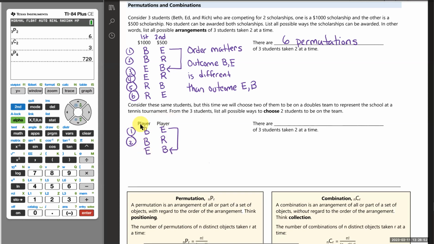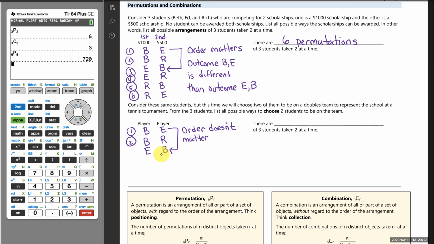So we're not saying this person is captain and this one's co-captain. There's no sort of first place, second place. There's no sort of ranking or positioning. It's just two people on a team. So in this case, we say order doesn't matter. So the way I wrote those, we weren't positioning them. We were just putting two people together. Sometimes you can think of it like a collection of people on a team. So when you're on a team together, order doesn't matter.